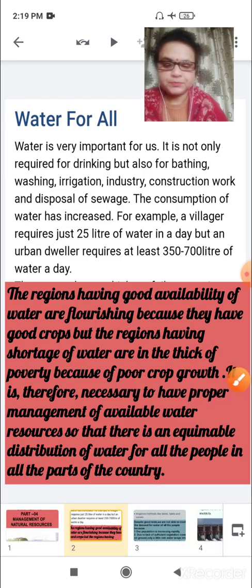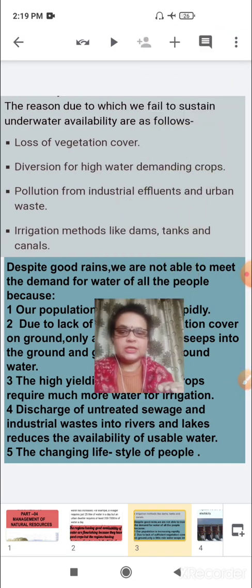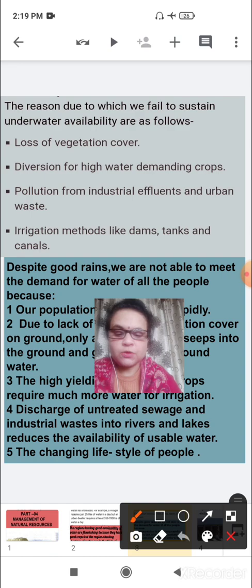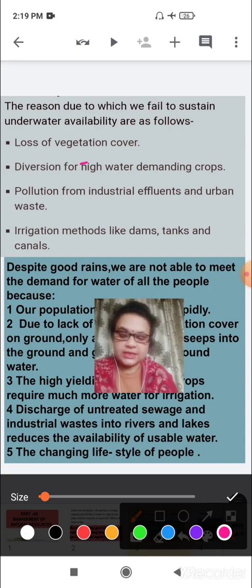First of all, let us see the reasons due to which we fail to properly manage or sustain underground water availability, which are as follows. One is loss of vegetation cover in the area. Another reason is diversion and supply of water to high water demanding crops.